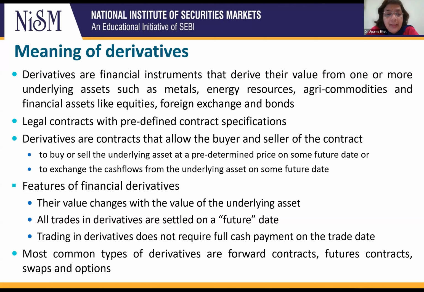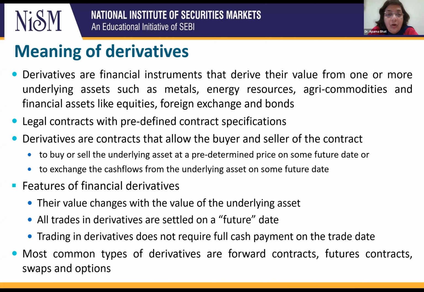So basically, derivatives are contracts on some underlying asset, and they allow the parties to the contract to buy or sell, or to exchange cash flows, on some future date. What are some important features of these derivatives? The value of the derivatives changes with the value of the underlying asset.